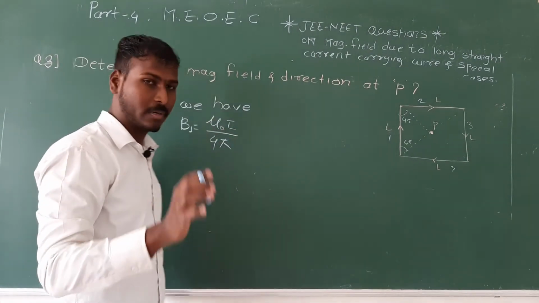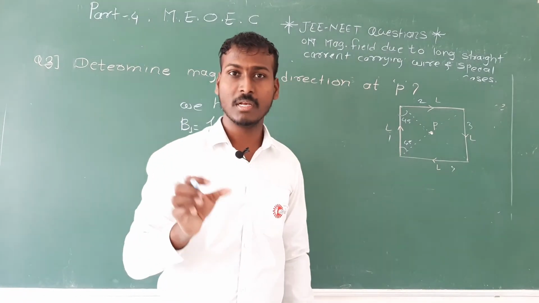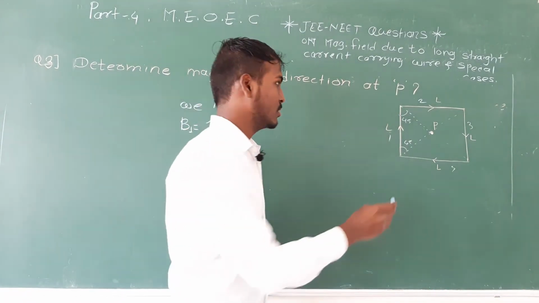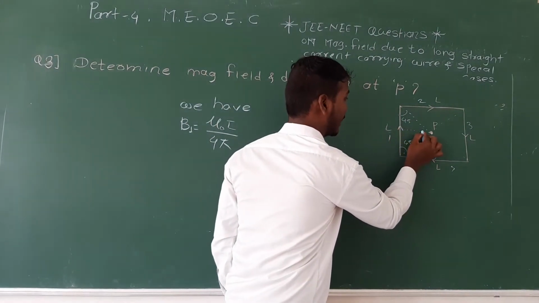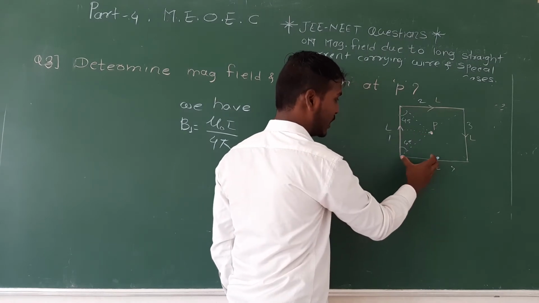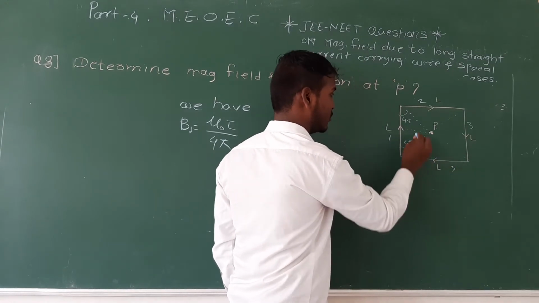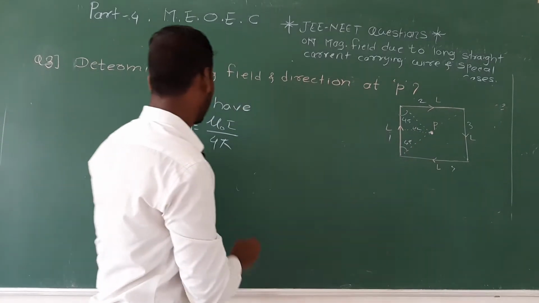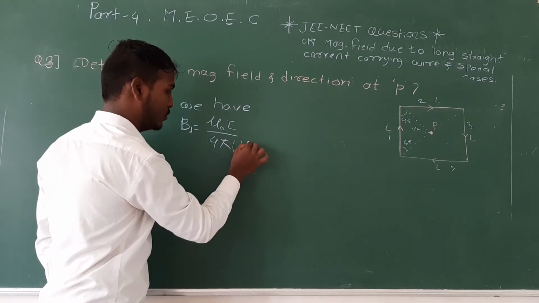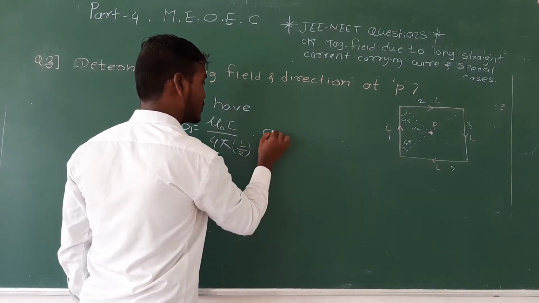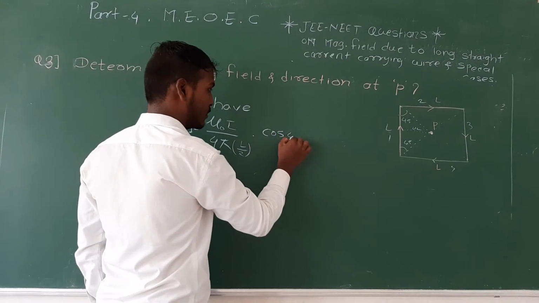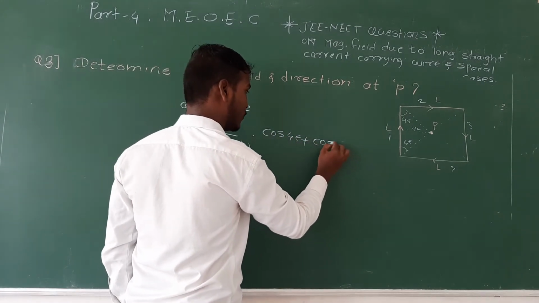Now r is nothing but the perpendicular distance of that point P from a finite conductor. So this will be the r, and it will be L by 2, because this whole length is L. So L by 2. Now into cos alpha, which is 45 degrees, plus cos beta, which is also 45 degrees.